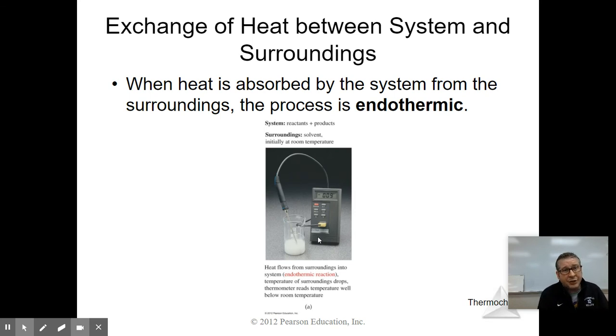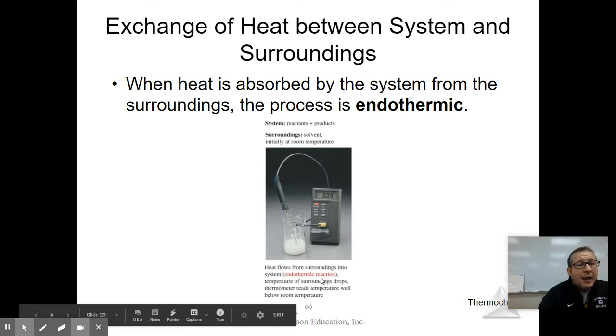In fact, the contrary is true. Let's think of it this way. When heat flows from the surroundings into the system, the temperature of the surroundings drops. The thermometer is actually going to read temperatures well below room temperature in a reaction.